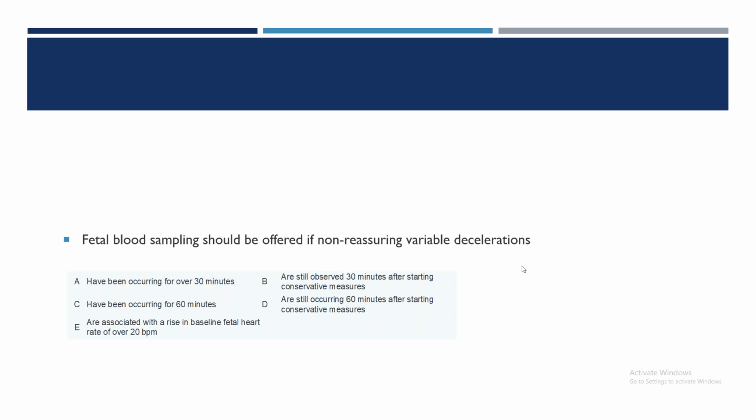It is B. With non-reassuring, you first start conservative measures, and if it still becomes pathological, then you are going to do the fetal blood sampling. Okay, so answer is B here. So with any suspicious CTG, first you are going to offer conservative measures, and again if it becomes pathological, then you are going to do fetal blood sampling.